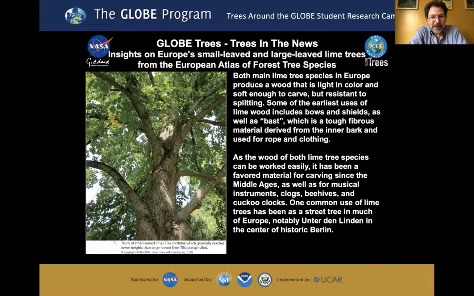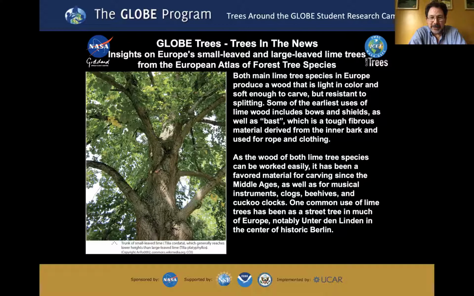And I don't know about you, but I used to like to climb trees when I was a kid. I don't do that anymore, but that sure looks like a great place to go vertical and, you know, see the world from up above. But there's all sorts of things that you can do with the tree itself, and obviously people have been using it for many purposes for literally hundreds, if not thousands of years.